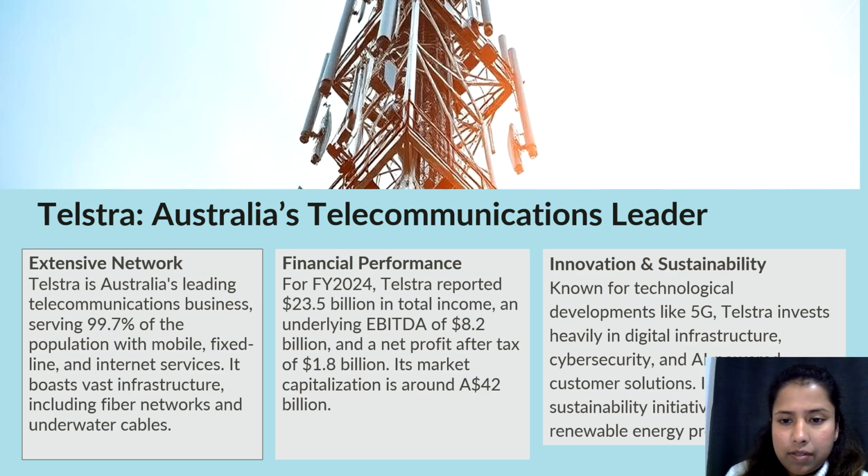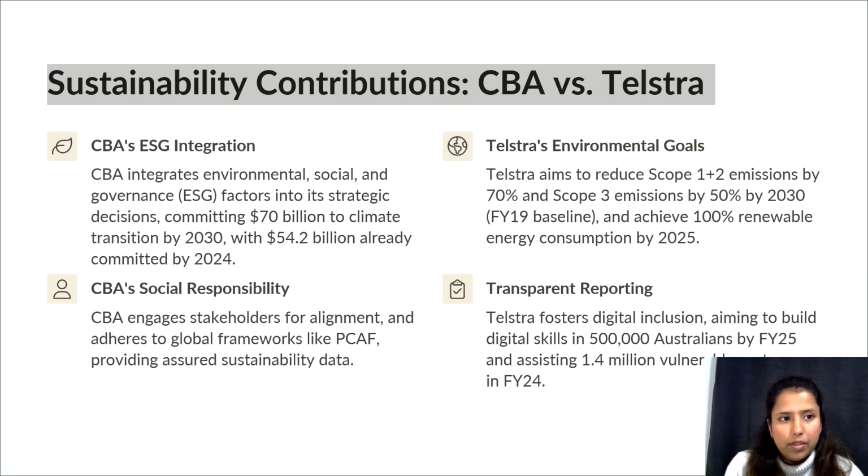Moving to the next slide. Here we are talking about the sustainability contributions by CommBank and Telstra. The Commonwealth Bank integrates environmental, social, and governance factors into strategic decisions, committing 70 billion to climate transition by 2030, of which it has already committed 54.2 billion by the year 2024.